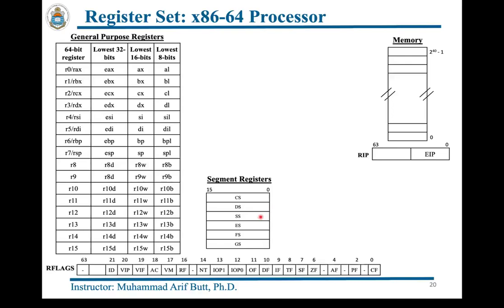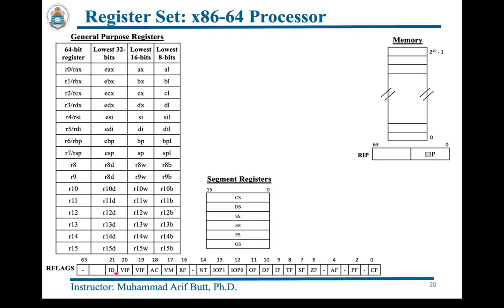Okay, so finally we come to the flags register. The 32-bit flag register of 8386 is also extended to 64 bits and renamed as RFLAGS. You can just see 4 more flags that I have mentioned over here.